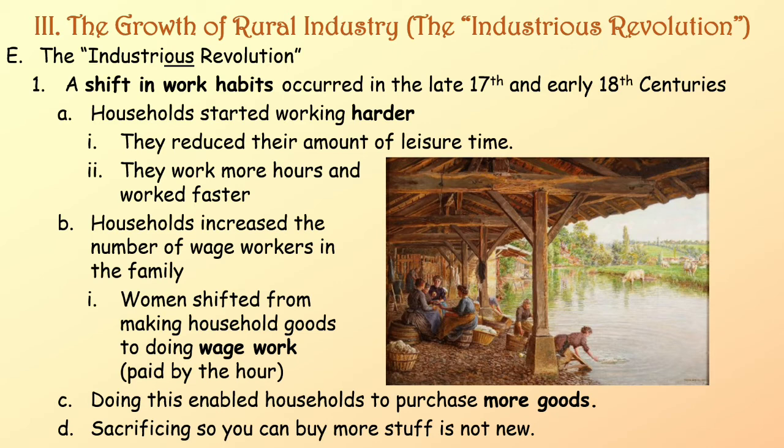Women shifted from making household goods to doing wage work, in other words, being paid by the hour. And doing this enabled households to purchase more goods because they had more cash now, more wages coming in. Sacrificing so that you can buy more stuff, as we see here, is not new.